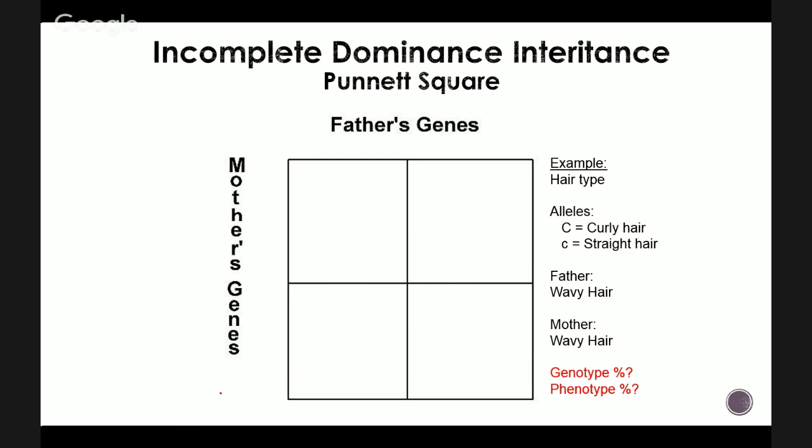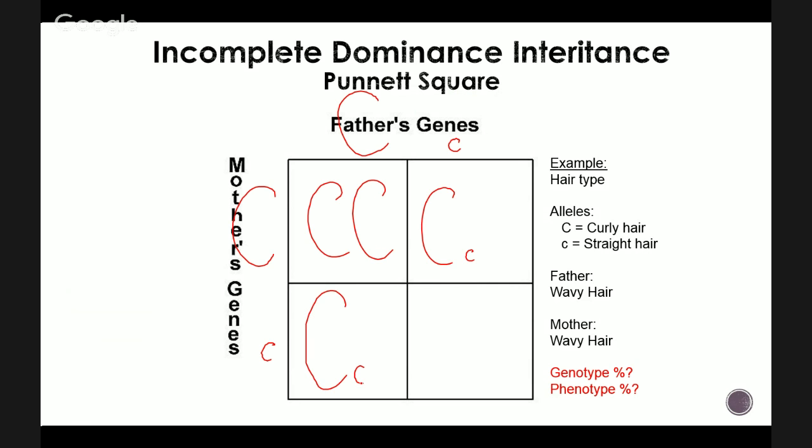So walk me through. What do you have for the father's alleles? What would you put? So what are the genotypes? 25% what? 25% is homozygous.